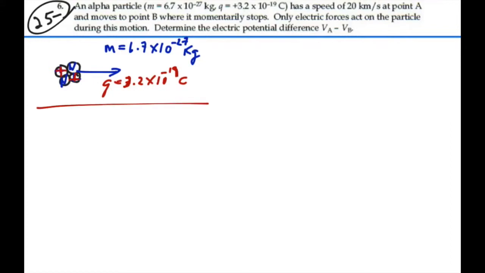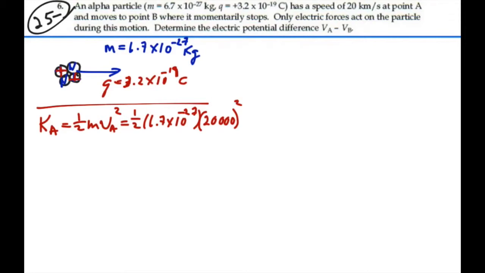Okay, let's find the kinetic energy at point A. Kinetic energy at point A is going to be 1/2 the mass times the velocity at point A squared. And that's going to be 1/2 times 6.7 times 10 to the minus 27 times the velocity, which is 20 kilometers per second squared.